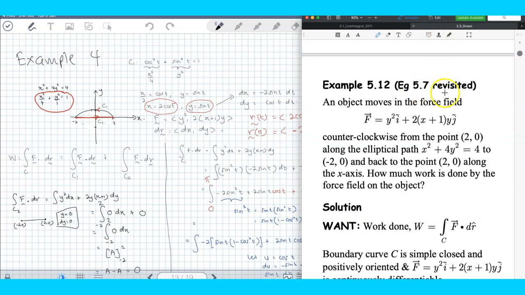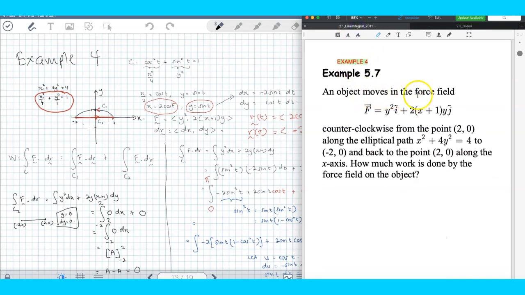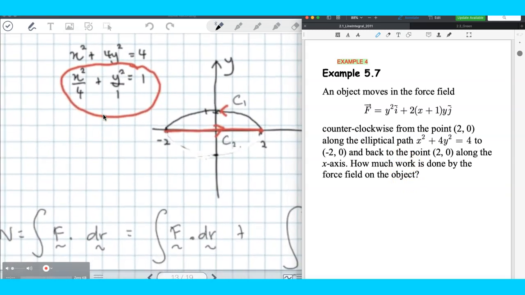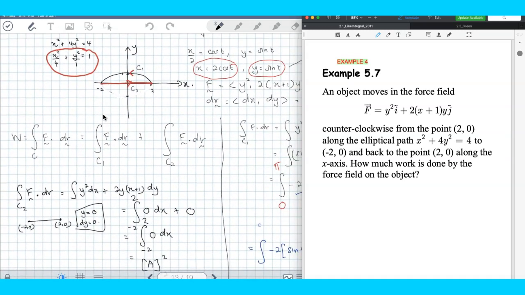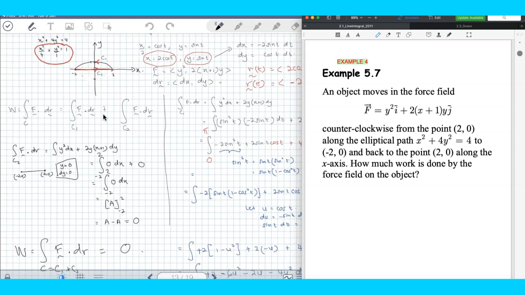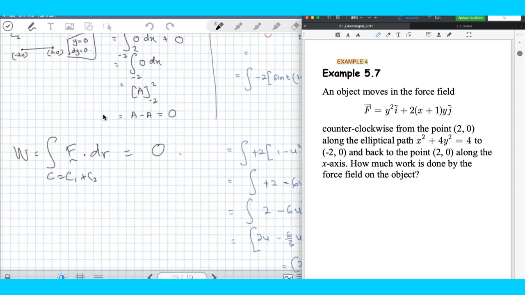So the 5.7 revisited is in the first notes for the line integral. We have done this using a standard calculation of line integral where you have two curves, so you have to compute the line integral for C1 and C2. When you total them up, finally your total work done is 0.